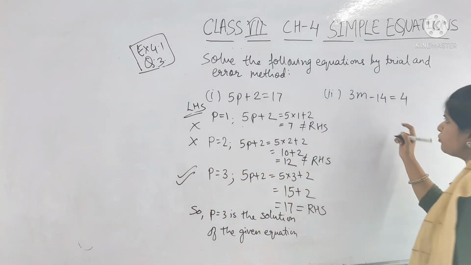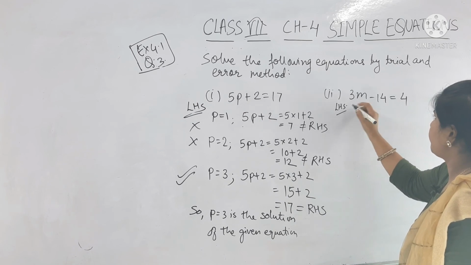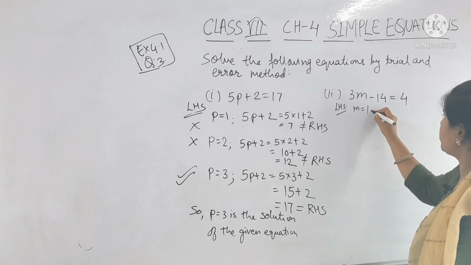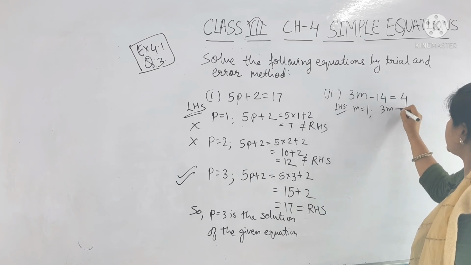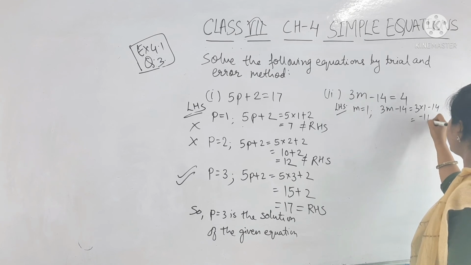Like this we have to take here also LHS for m. Here m is the variable. So for m equal to 1, 3m minus 14, that is equal to 3 into 1 minus 14, that is minus 11.